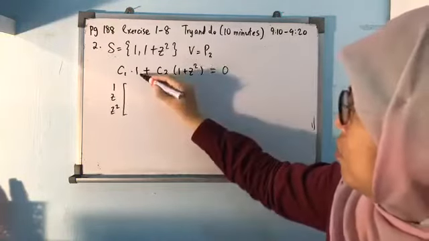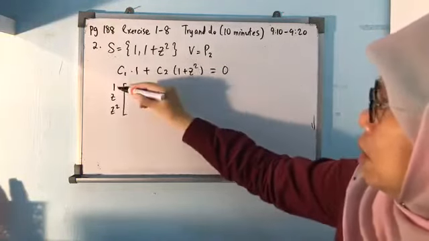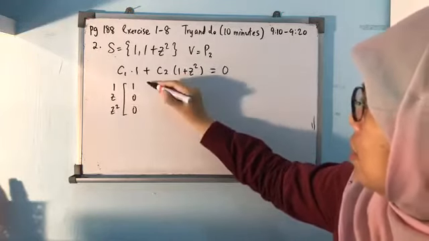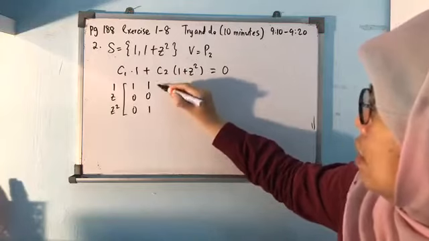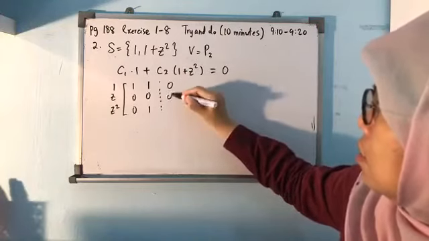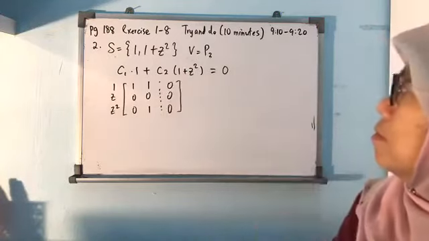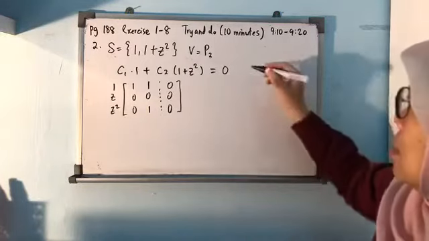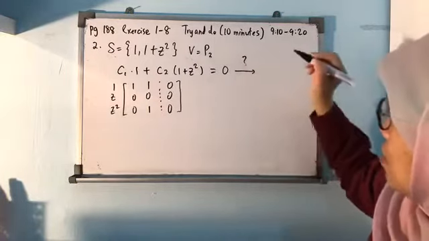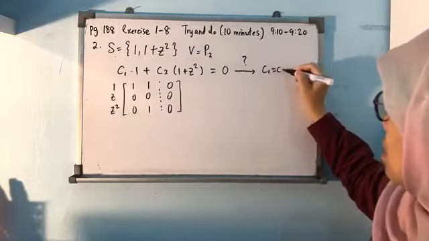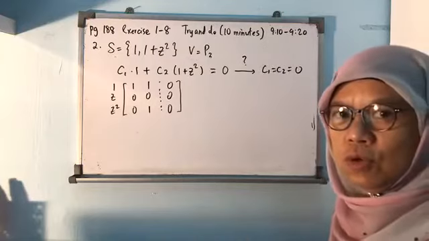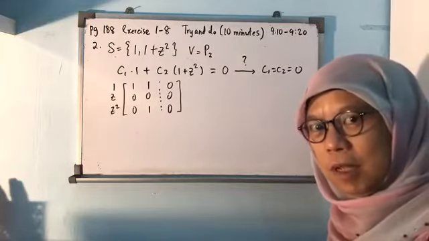Okay. So the first one, ni ada P2, so we need 3. So 1 0 0. This one is 1 0 1. And then you have 0 0 0. Okay. So we want to see whether, question mark, is this equal 0 or not? If it is equal to 0, then linearly independent.